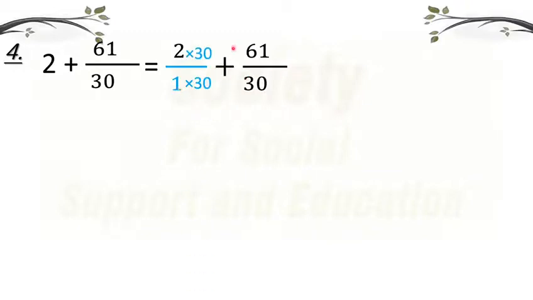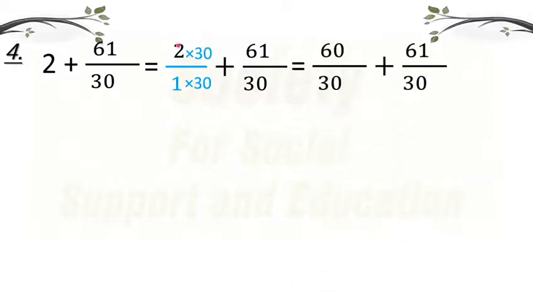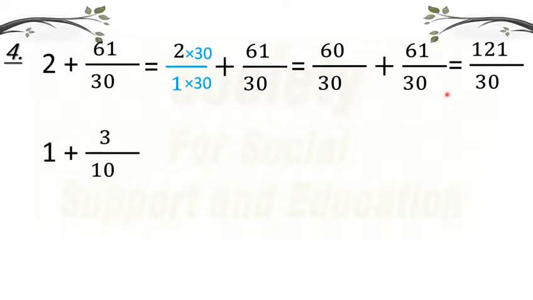Also I have to multiply up by 30. So the new fractions, 2 times 30 equal to 60, 1 times 30 equal to 30, and keep this one the same, plus 61 over 30. So it's 121 over 30.